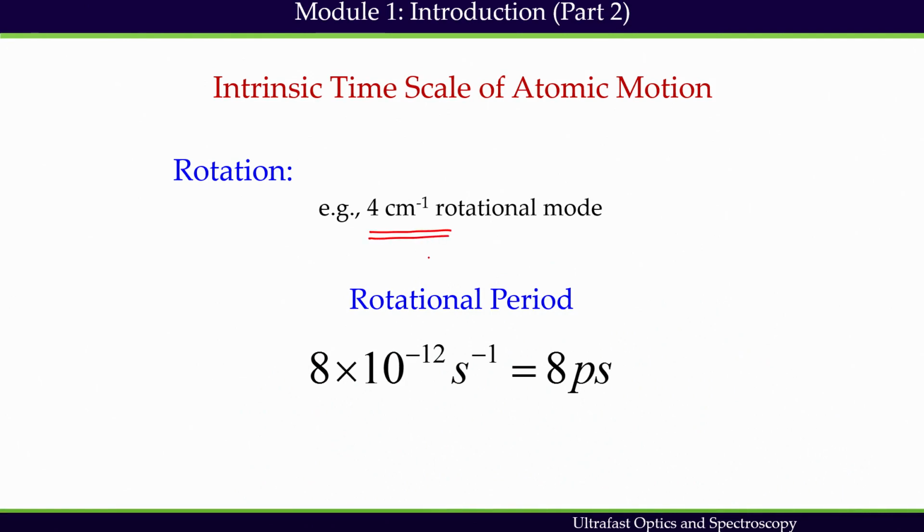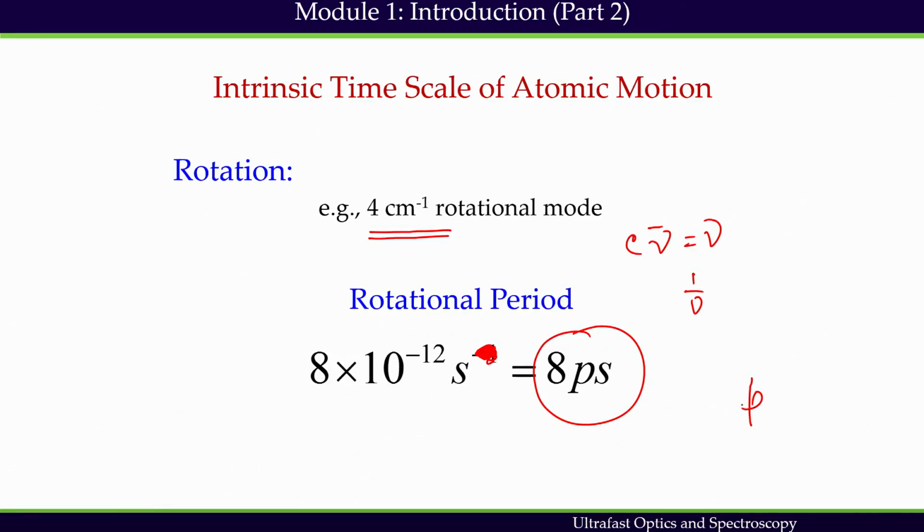If we have 4 wave number, then very easily I'll be able to convert to its frequency, and from frequency I'll be able to get the time period. The time period we get is 8 picosecond. Which means if I want to find out a molecular rotation like this, and monitor how it's rotating in a molecule, then I need picosecond time scale, a picosecond flash of light.